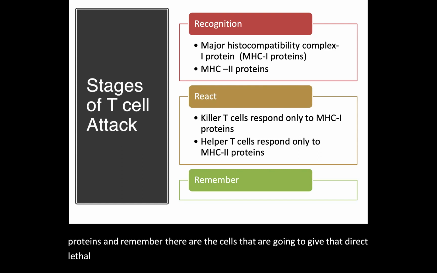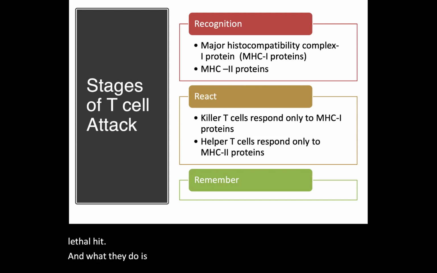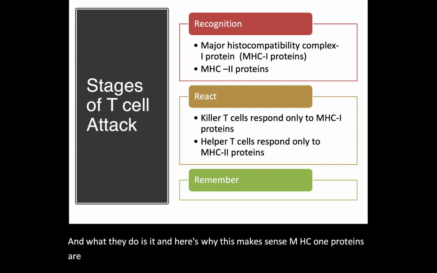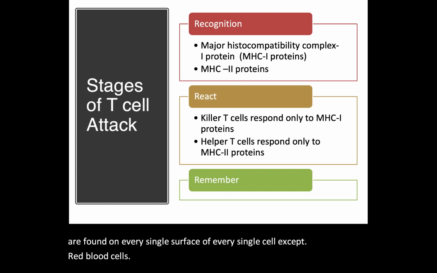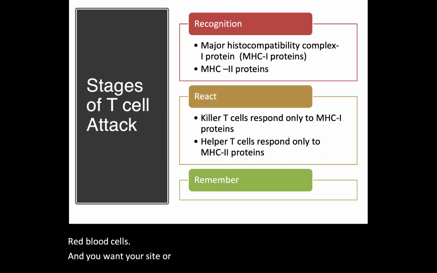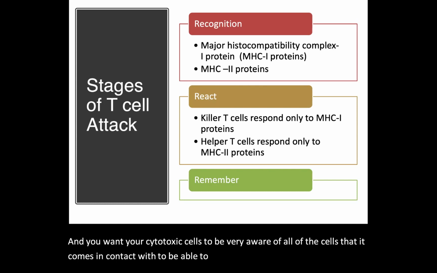And here's why this makes sense. MHC1 proteins are found on every single surface of every single cell except red blood cells. And you want your cytotoxic cells to be very aware of all of the cells that it comes in contact with to be able to identify that antigen.